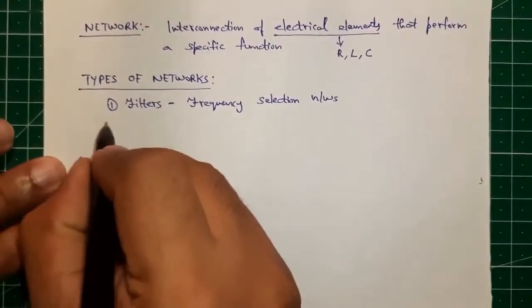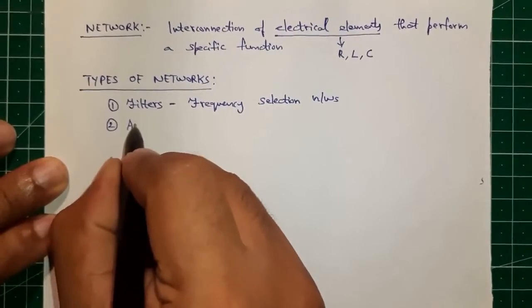Second category of networks are attenuators.